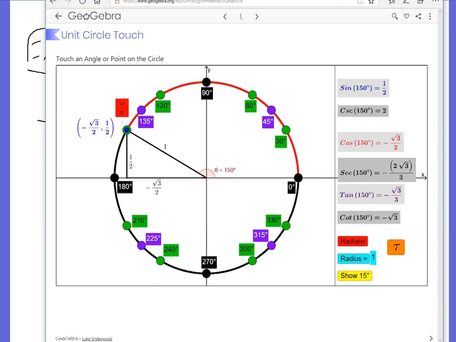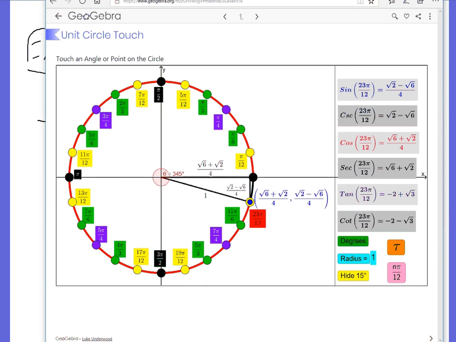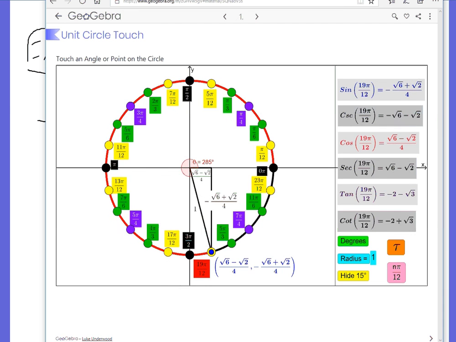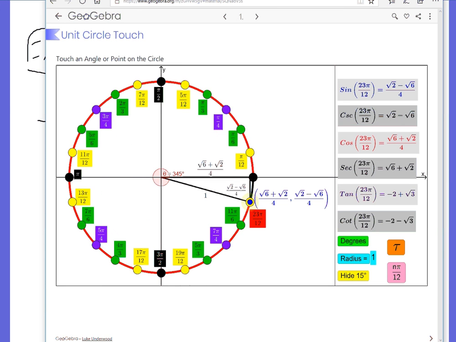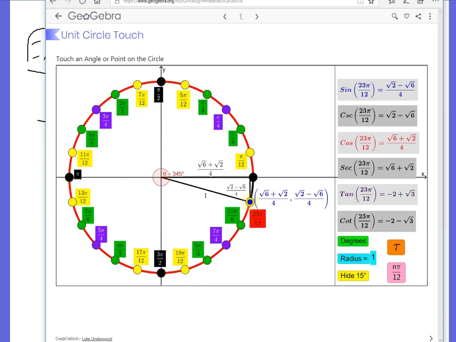And yes, I do have the unit circle with multiples of 15. So negative pi over 12 is actually the same as 345 degrees, which is the same as 23 pi over 12. So we'll get to more of that later. You can see this is positive pi over 12, so naturally negative pi over 12 would be the same, but in the other direction.